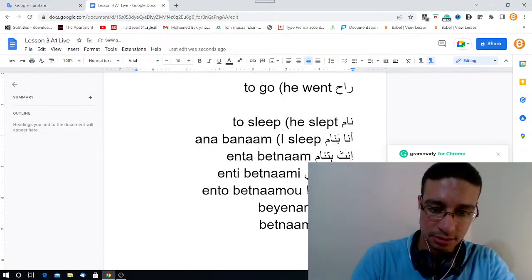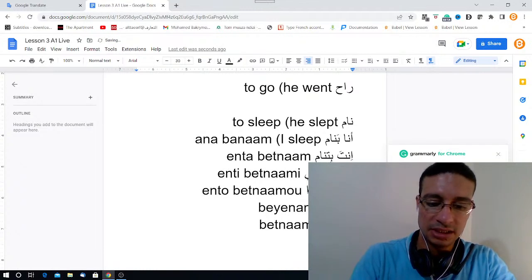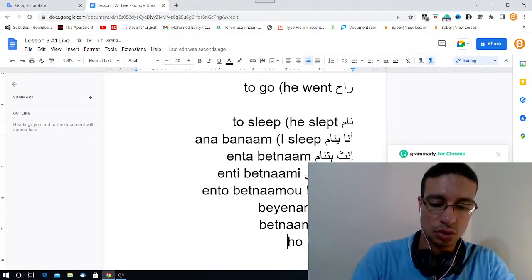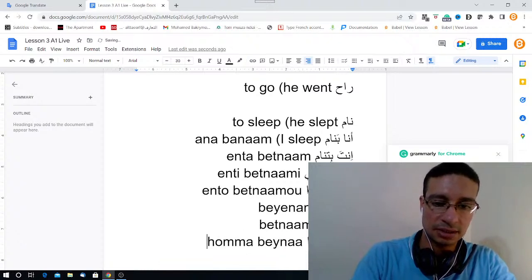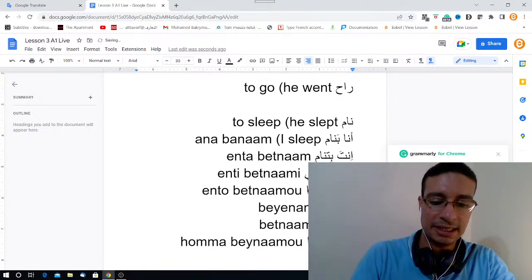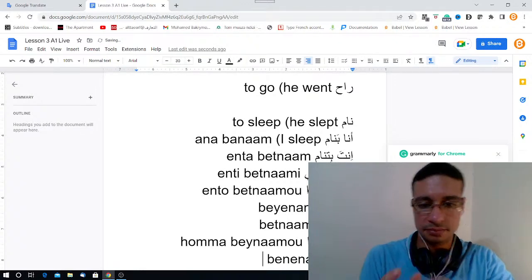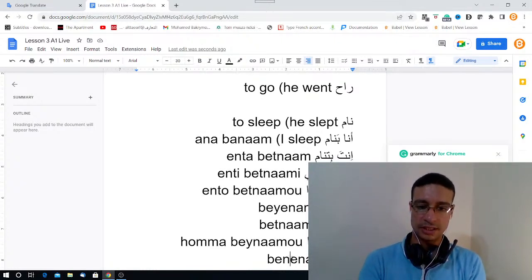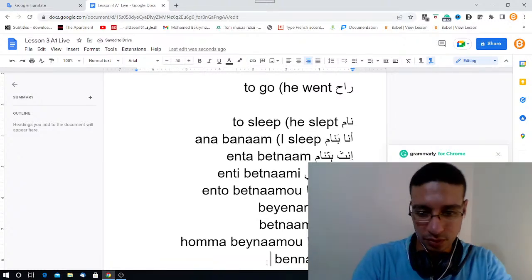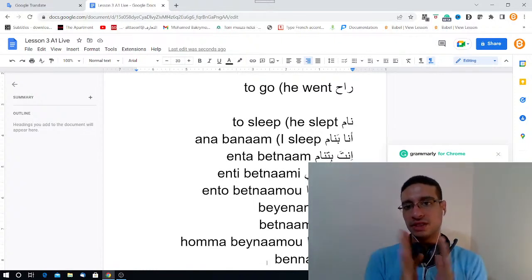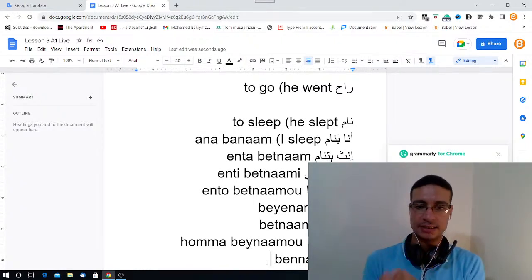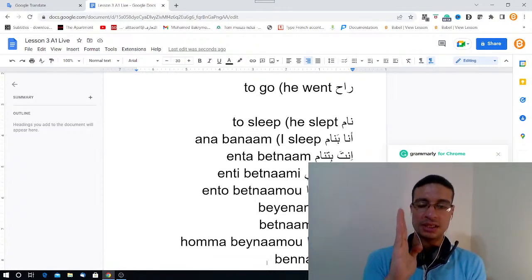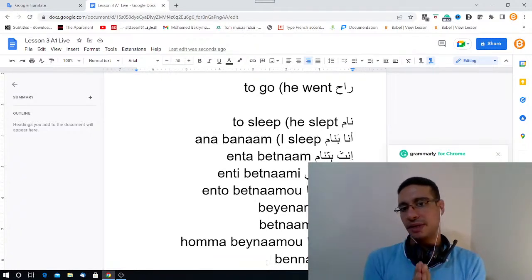Then هما بيناموا. And the last one is إحنا بننام, like we sleep. So in this verb the vowel in the middle, nam, remains the same, it doesn't change.